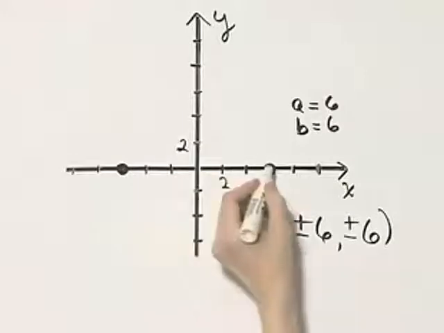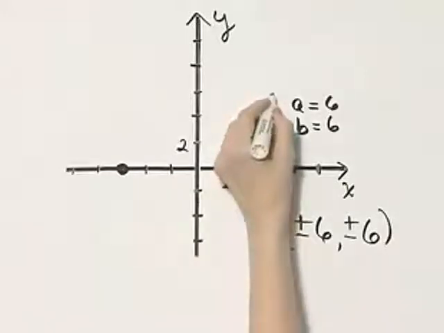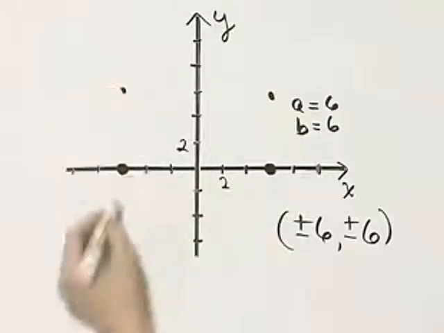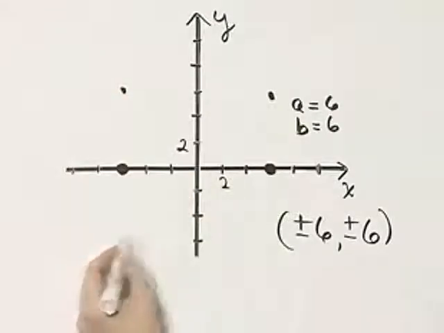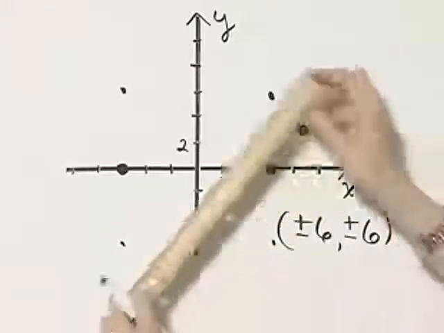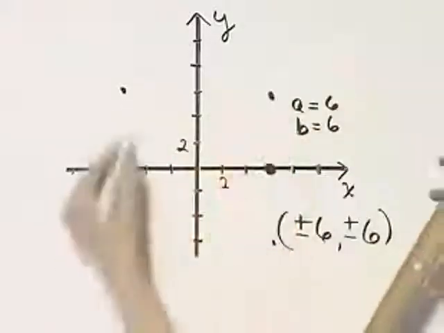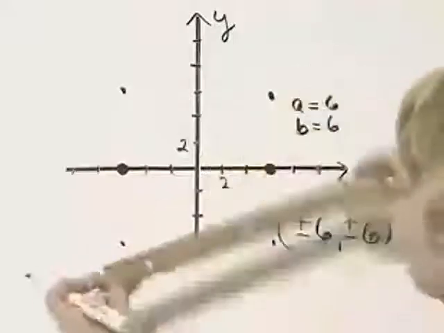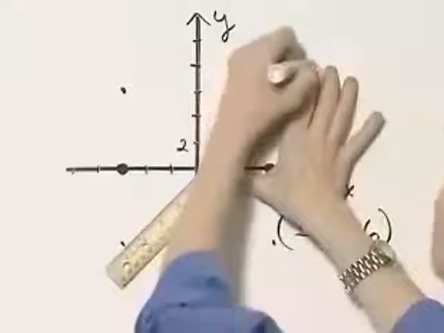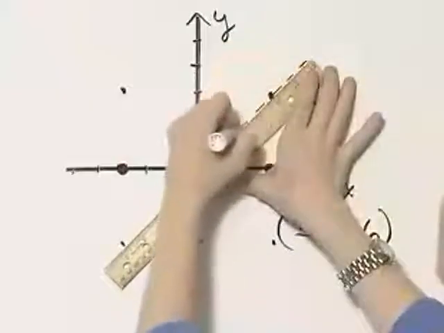So that would be 6, 6, negative 6, 6, negative 6, negative 6, and 6, negative 6. And I'm not going to draw my rectangle in. I'll just draw in the diagonals of the rectangle to help me draw in my hyperbola.